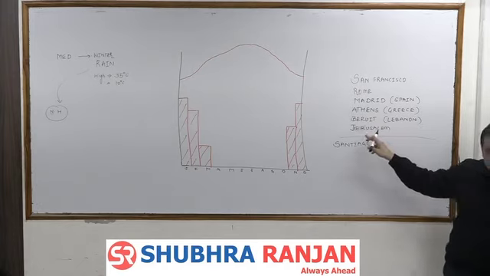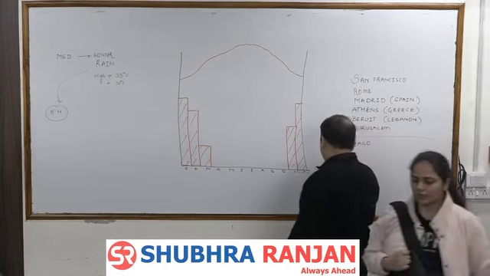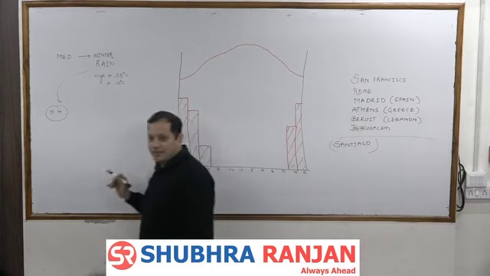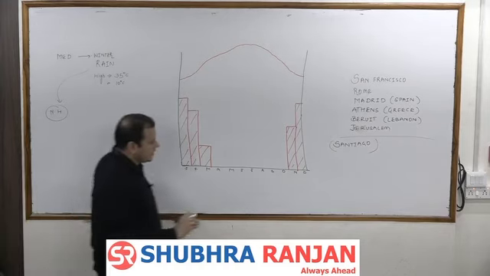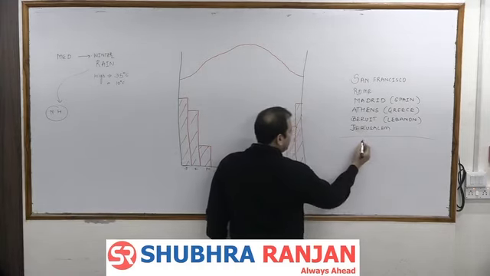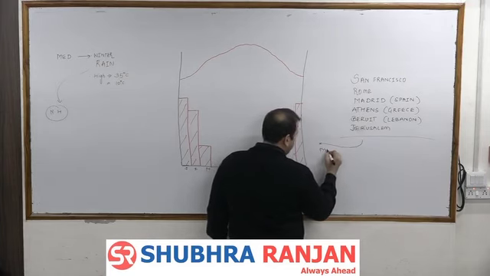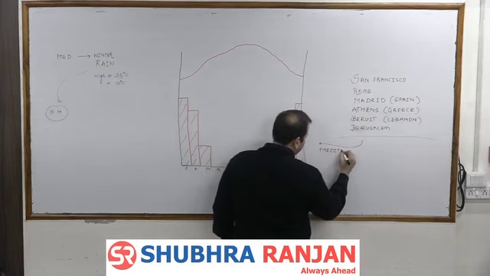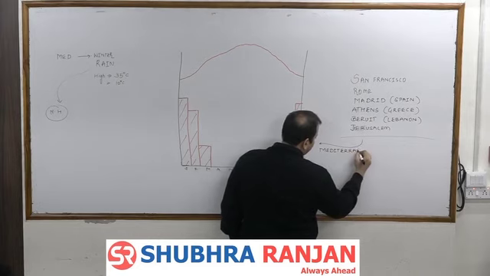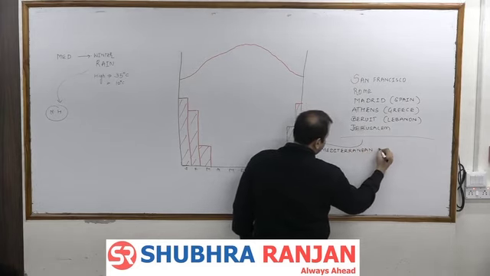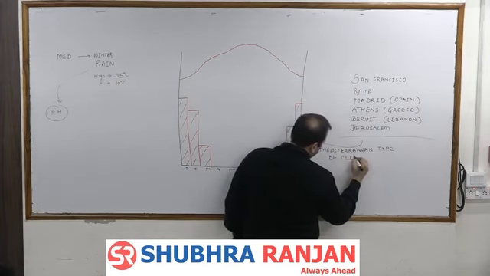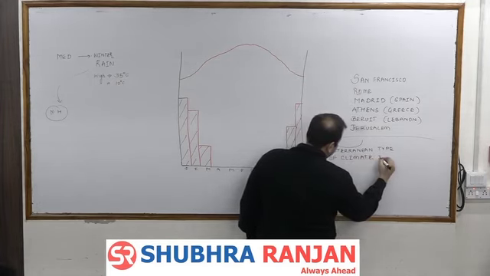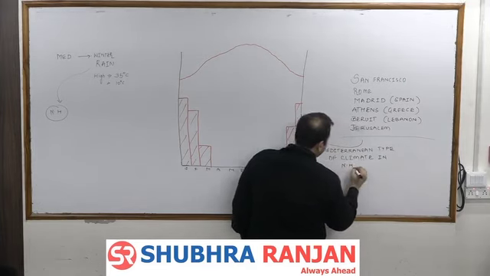Chile has a Mediterranean type of climate, central Chile, Santiago. Does this chart apply to Santiago? No. This is the Mediterranean type of climate in the northern hemisphere.